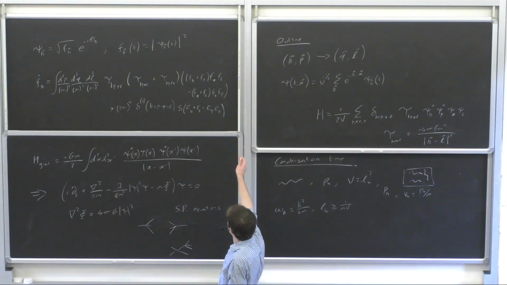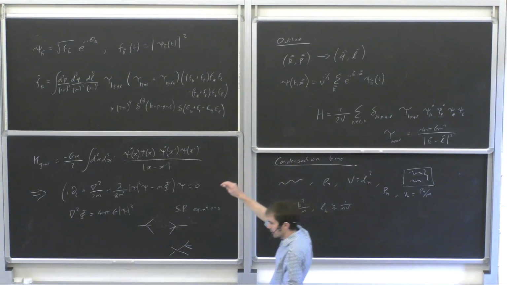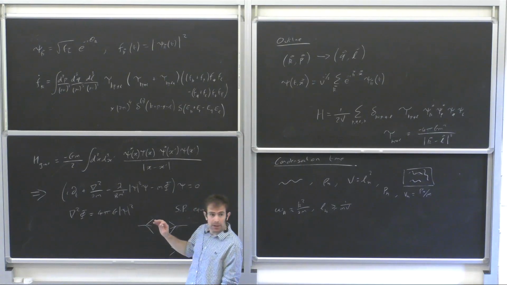Of course, I don't expect you should immediately see how to get from this kind of scattering Hamiltonian to this kind of expression. It takes quite a bit of work.